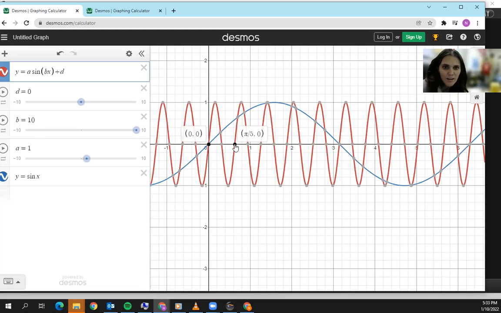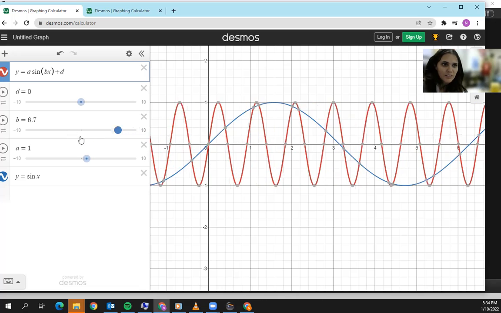So I horizontally compressed it. You notice pi over 5 is 1/10 of 2 pi. So I took 1/10 of 2 pi and I got my new period, pi over 5. So 2 pi divided by my b value, 10, got me my new period, pi over 5. Now what do you think happens as b gets smaller?